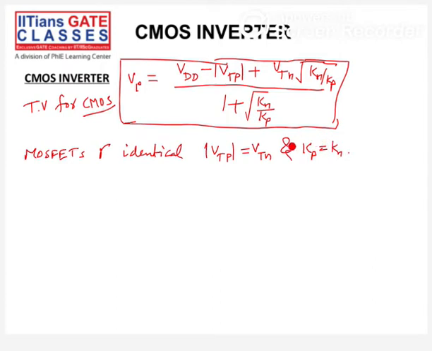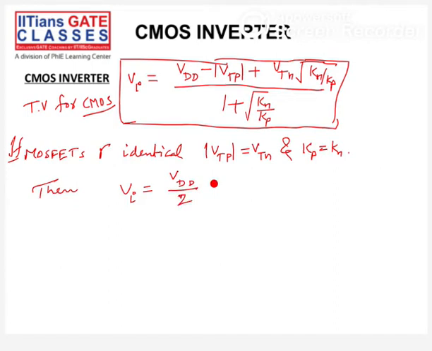If these two conditions are satisfied, in that case we will get what? If this, then Vi will be equal to VDD divided by 2. This is my final condition.